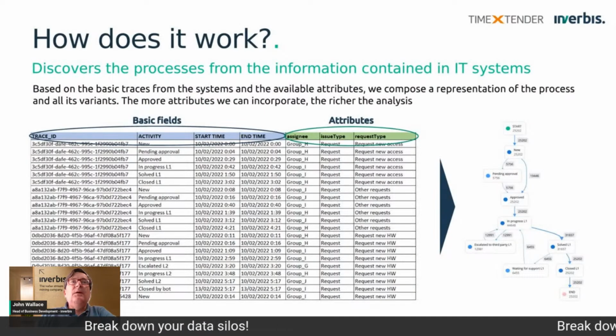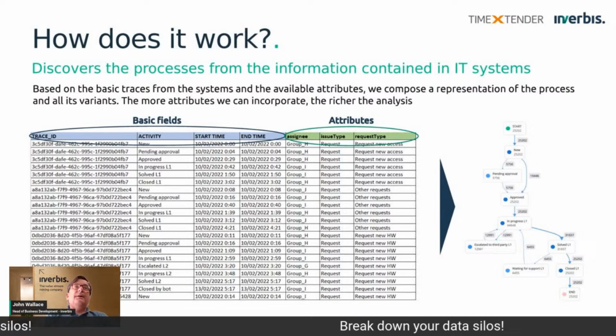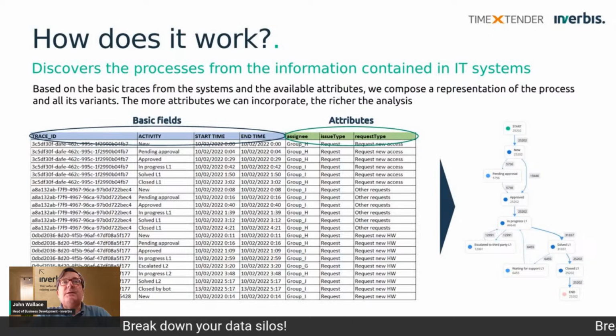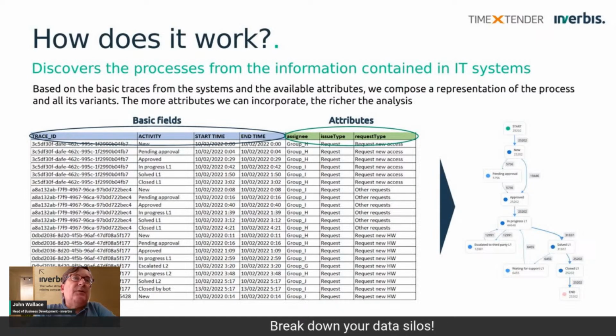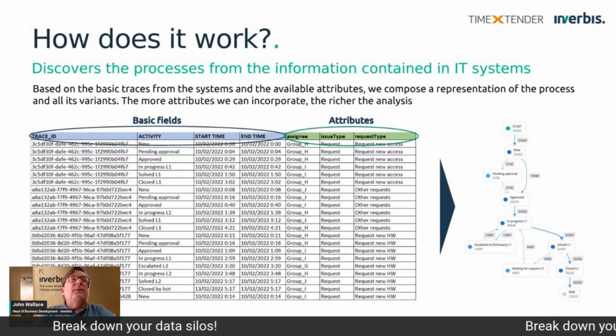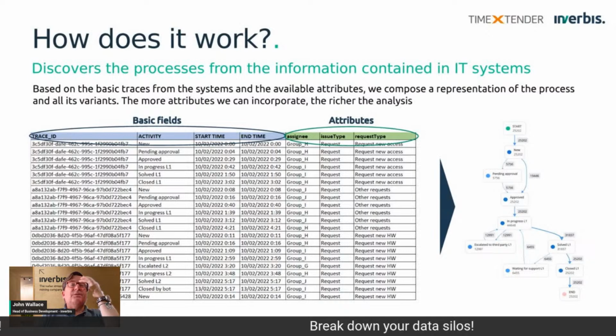So how does this actually work? You extract the information from the corporate systems, and basically you need some basic information. You need to be able to reconstruct the sequence of activities. So you're going to need a trace ID, which is the unique identifier that links a sequence of activities together to create a process.